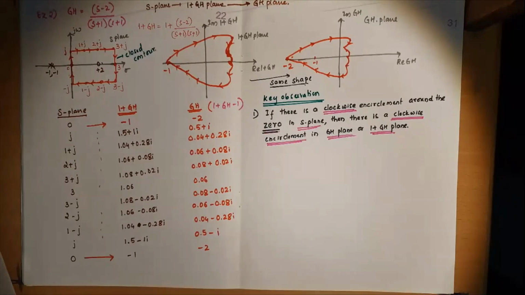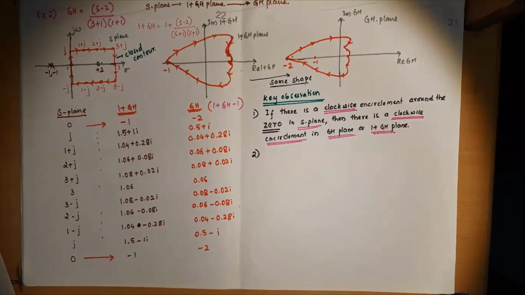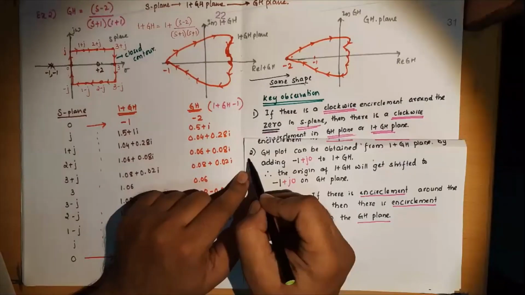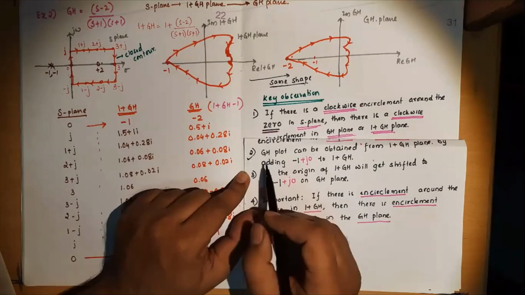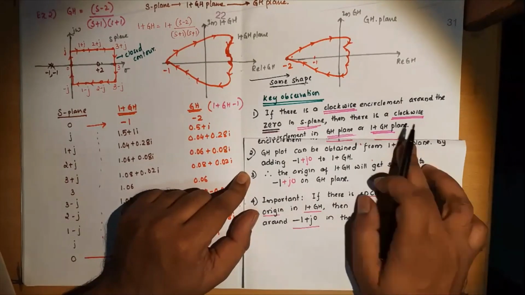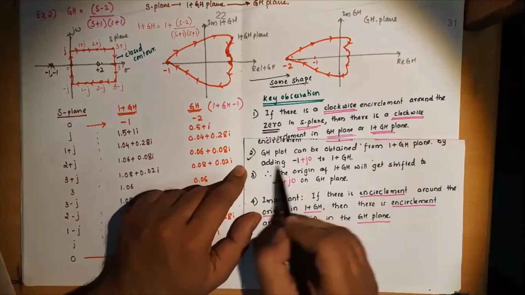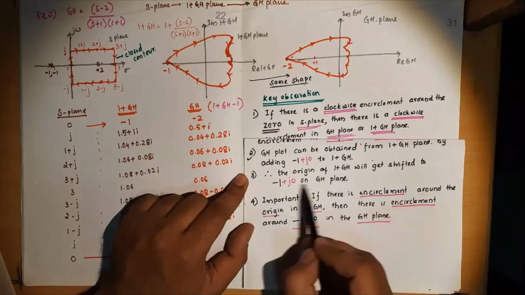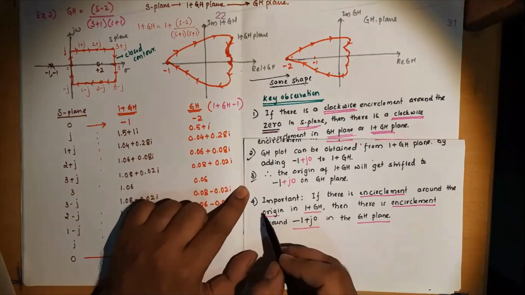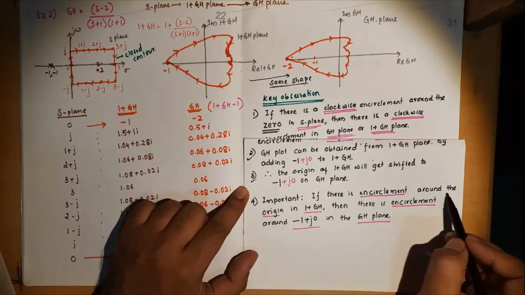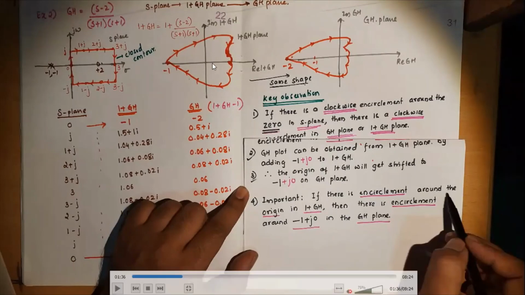Okay, so for this present example, what are the other observations? The second observation will remain the same. That is, the GH plot can be obtained from the 1 plus GH plane by adding -1 to 1 plus GH. So there is nothing new. Second, third and fourth will remain the same. The fourth one is again true for this case also.